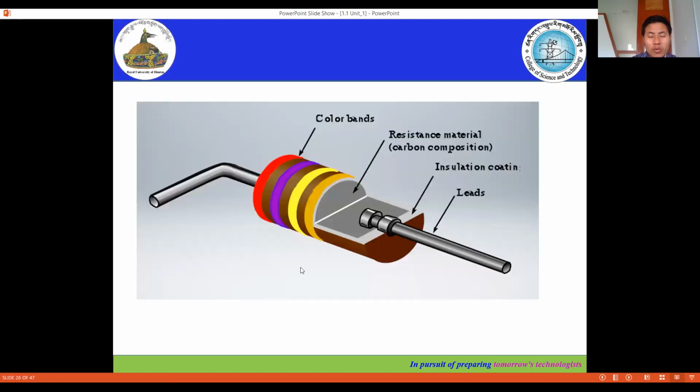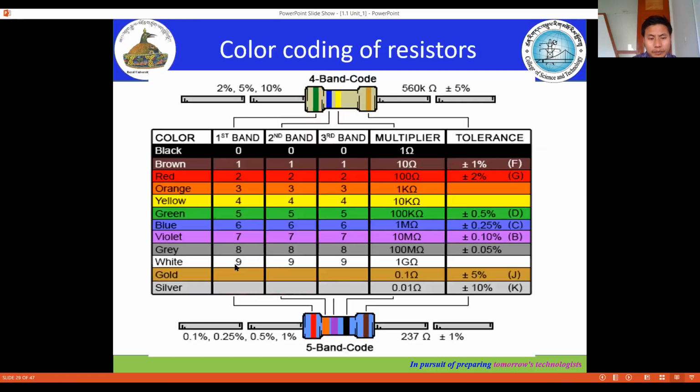Let's see how to calculate the value of the resistor. To calculate the value of the resistor, we should know the color codes or color bands. This table gives the color coding of the resistor. You should know the sequence, starting with black, brown, red, orange, and so on.